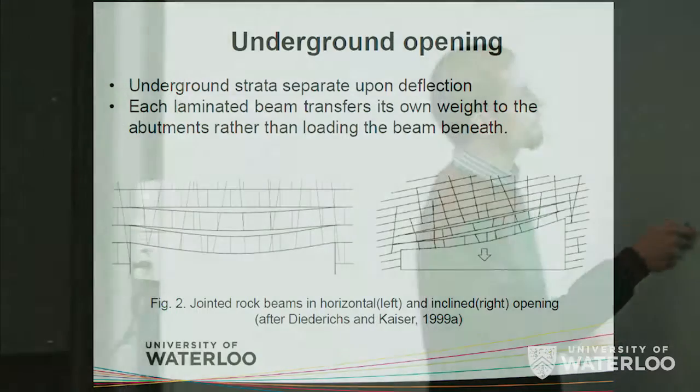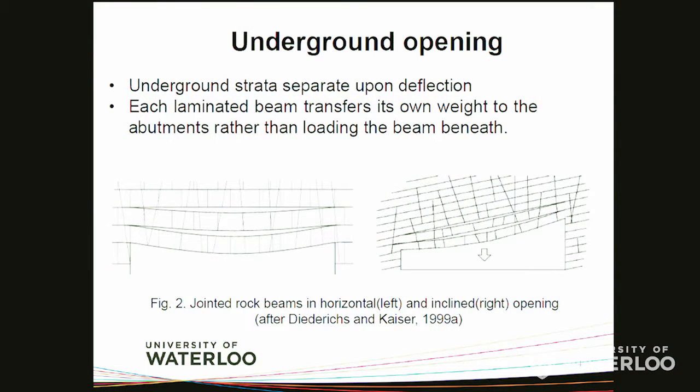If you want to show some more accurate and more realistic figures for the underground opening, you see again these parallel laminations here, both in horizontal slope and then inclined opening over here, and then different joints, vertical and close to vertical joints that you might see. The thing is that on top of an underground opening, like a cavern, these layers tend to separate from each other. You see this space from these two, also over here and here.